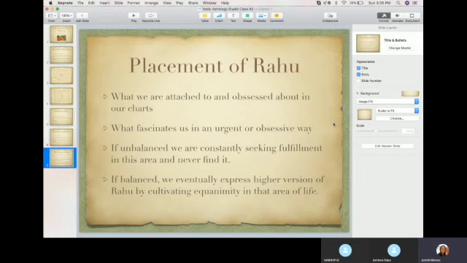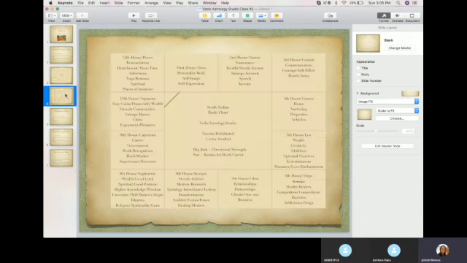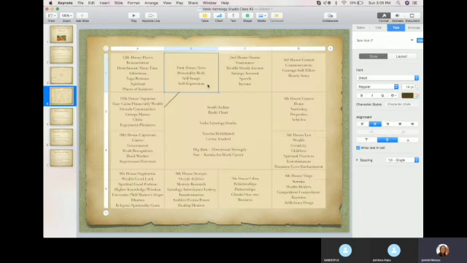We want more. It's not enough. So if Rahu's in the first house, for example, we need more recognition. We're not satisfied just being a little bit recognized. We need fame. And then when we become famous, we need more fame. We need international fame. That's kind of Rahu.